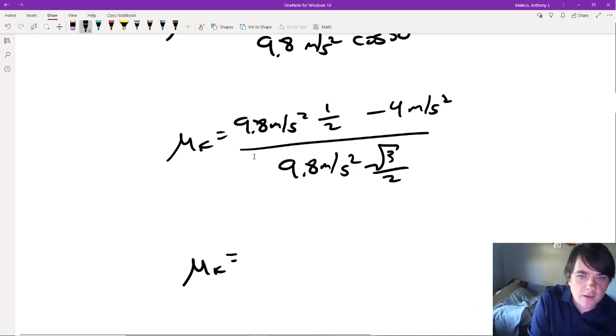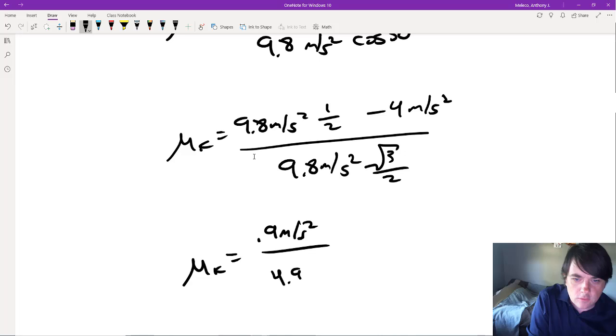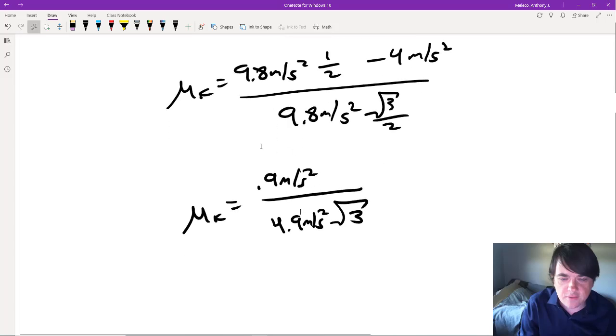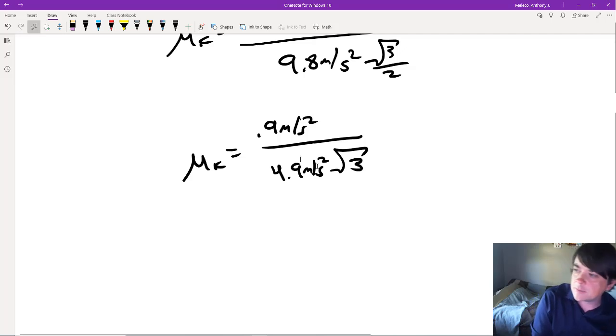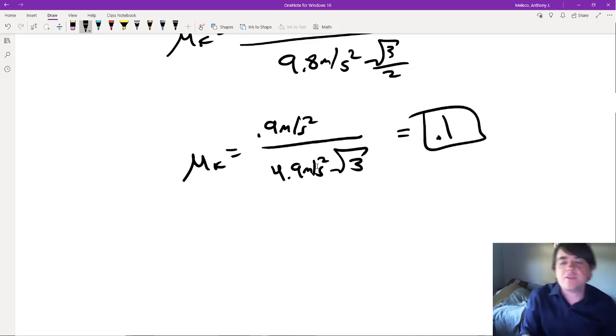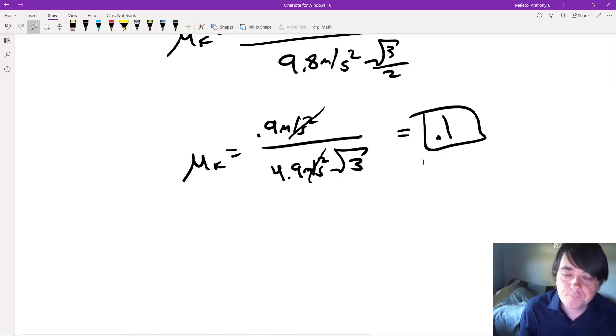So we get mu k: 4.9 minus 4 will be 0.9, over 4.9 times root 3. Unfortunately, I've reached my limit of what I can do in my head, but this ends up being 0.1. Again, it's unitless because the meters per second squared will cancel. So that's it. We've got our coefficient of friction there.